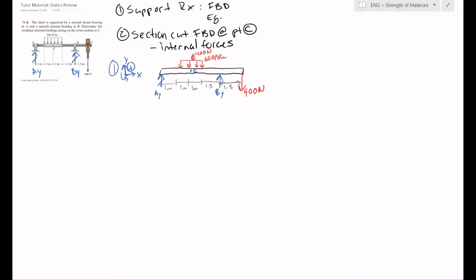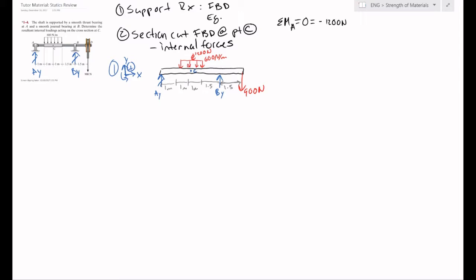Alright, so we can sum the forces in Y, but that still leaves us with 2 unknowns, not really getting us anywhere off the bat. So let's sum the moments around point A, which will be equal to 0. Our first loading is Ay, but that will not cause any moments at point A. Our next is that distributed load, and we're going to look at the resultant force, that 1200, and see what moment that causes at A, and it'll be pushing down, causing a negative moment going clockwise.